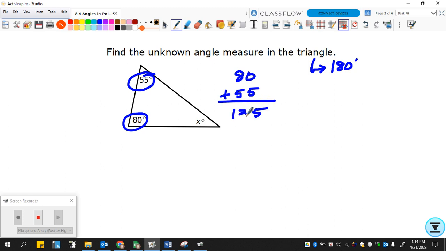And then we're going to say 180 take away 135. And when we do that math, we get 45. So this angle right down here is 45 degrees.